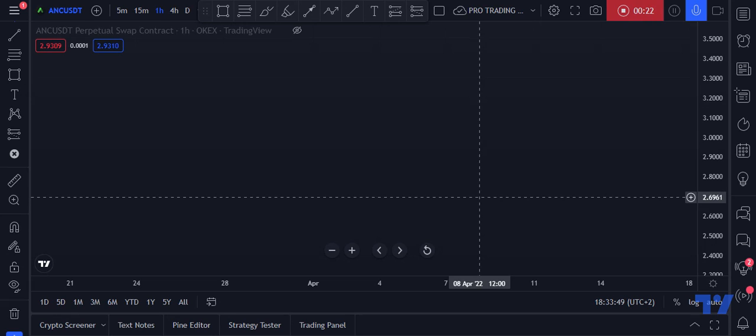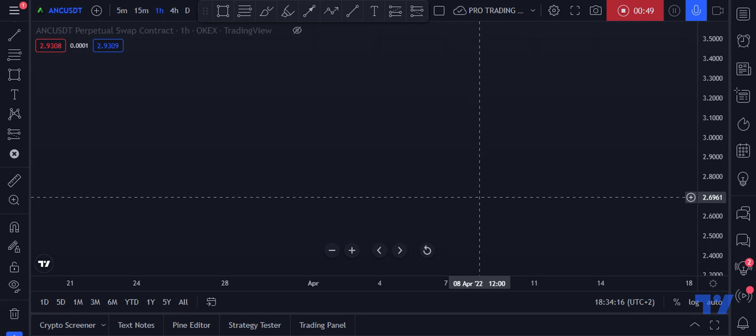So what is market structure, by the way? Market structure is the character of the market in that current moment. It's the character of this particular coin or this market at its current state, at this current time.